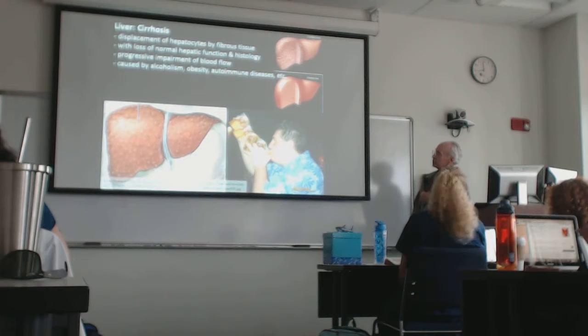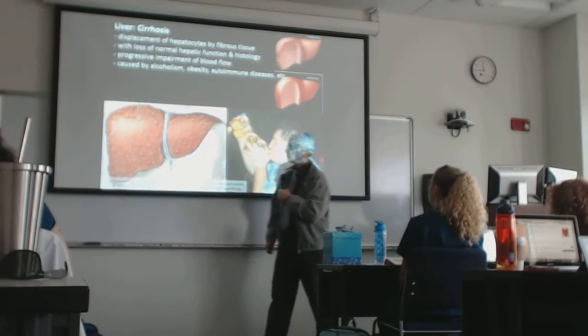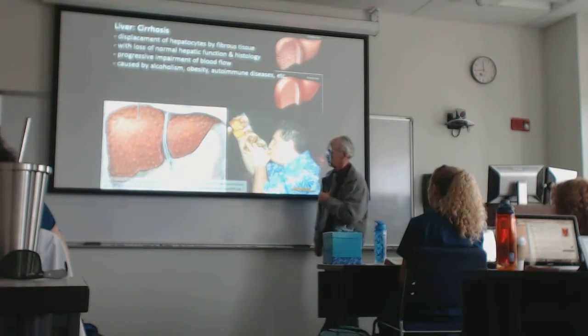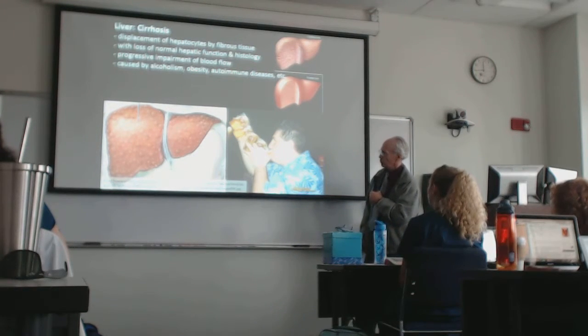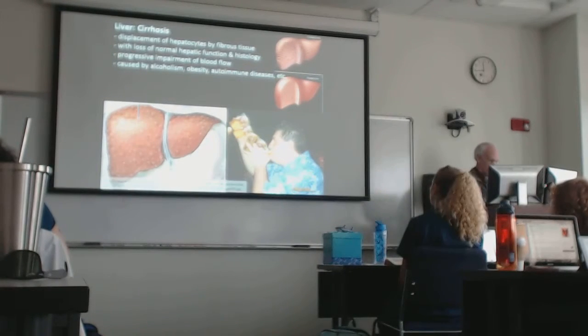And as that happens, the liver loses its ability to do all these wonderful things. And up to a point, the liver can be highly regenerative. I think, depending upon what source you read, you can lose up to 2/3 of the liver and still achieve some measure of regeneration and functionality. But beyond a certain critical point, it's irreversible. And that's the risk that is run in this type of disease.